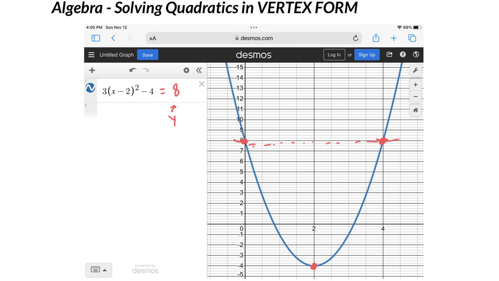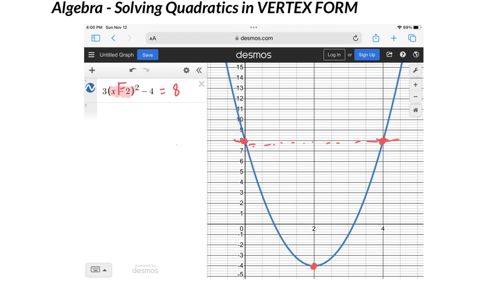Okay. Now I want to show you how I would solve this without needing the graph. I would almost treat this piece right here, this part in the parentheses, almost like its own variable. I would almost treat it like 3f squared minus 4 equals 8. And I would just solve all the way around it without solving that.